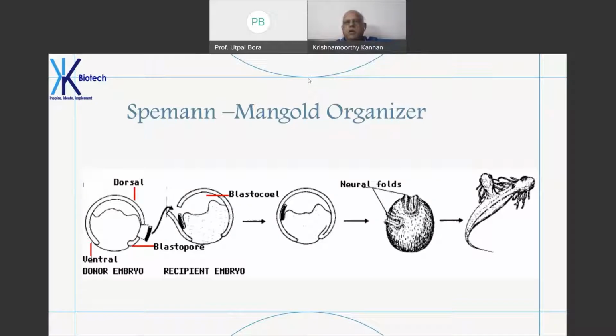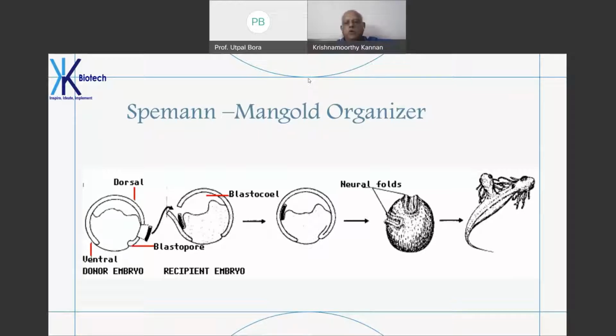The experiment was the following. You had a colored salamander and a white salamander. You take the colored salamander, take the cells near the blastopore, and put them on the ventral side of the white one, which is at the gastrula stage.